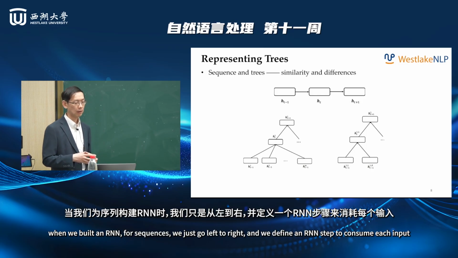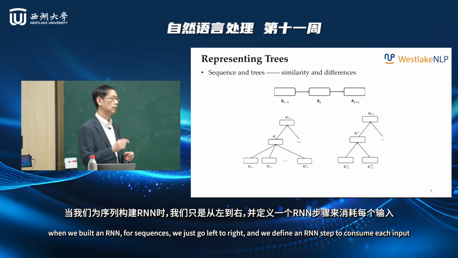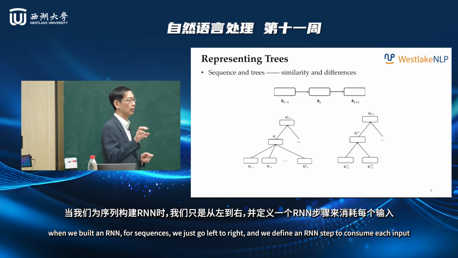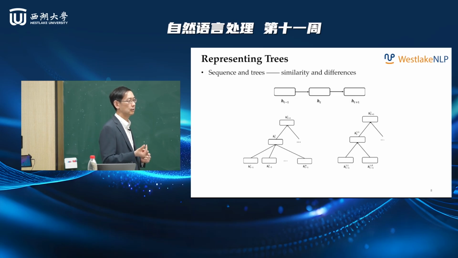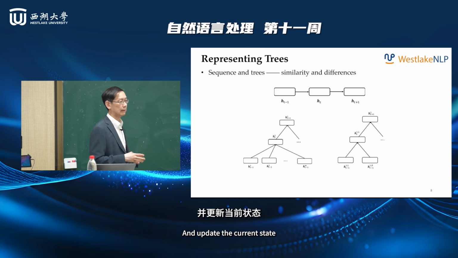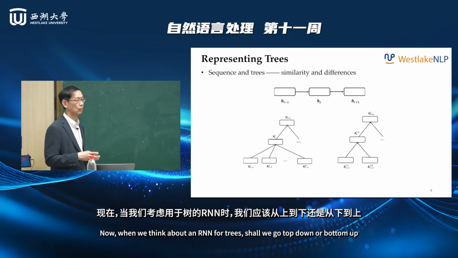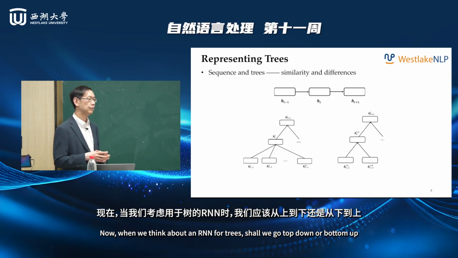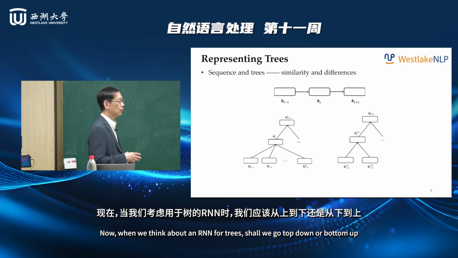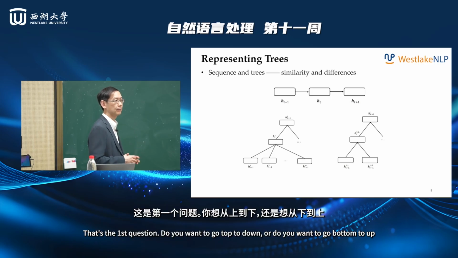So when we build an RNN for sequences, we just go left to right, and we define an RNN step to consume each input and update the current state. Now, when we think about an RNN for trees, shall we go top down or bottom up? That's the first question, right?